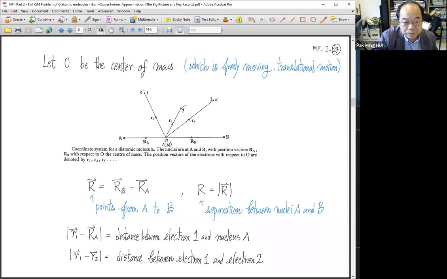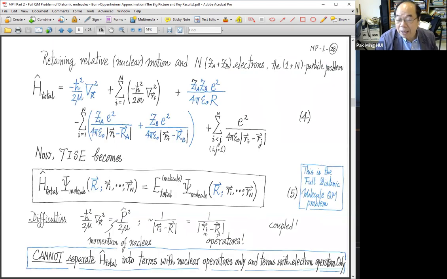So with this, we can write down a full Hamiltonian that consists of all the details for these diatomic molecules. It's easy to write it down, and therefore we know the governing quantum mechanical equation. This is the relative nuclear motion.